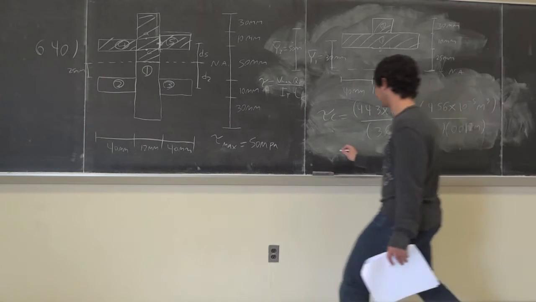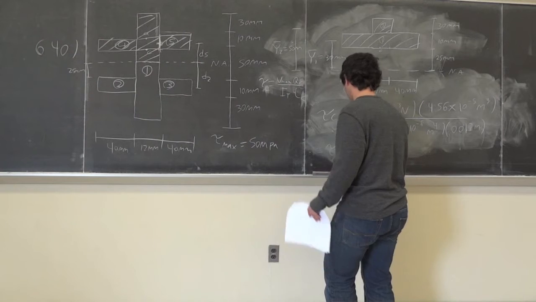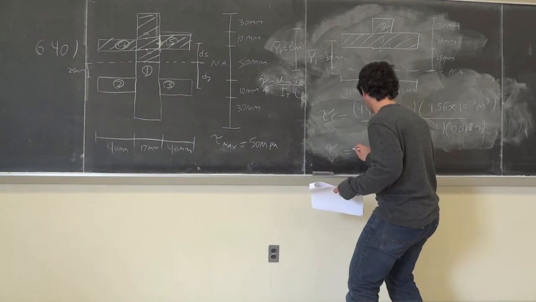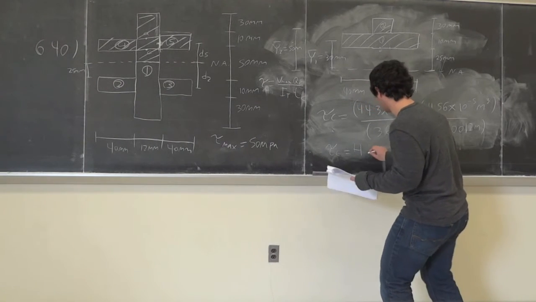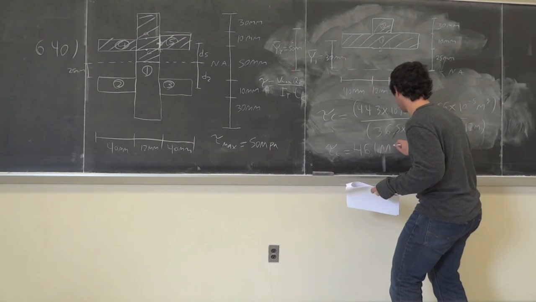So tau C, the transverse shear at C, is equal to 46.1 MPa.